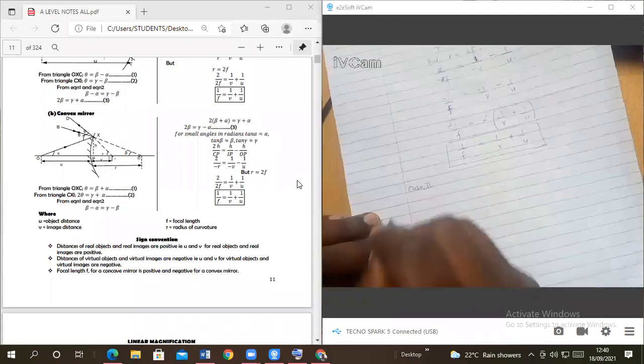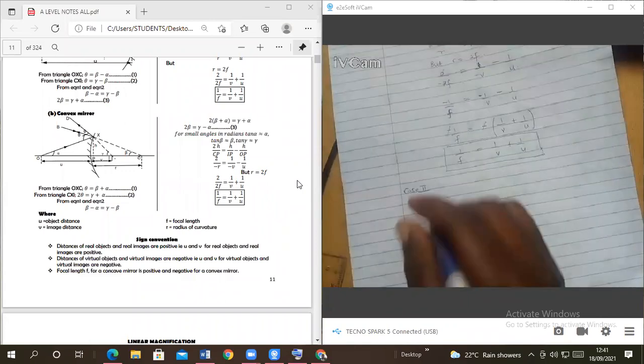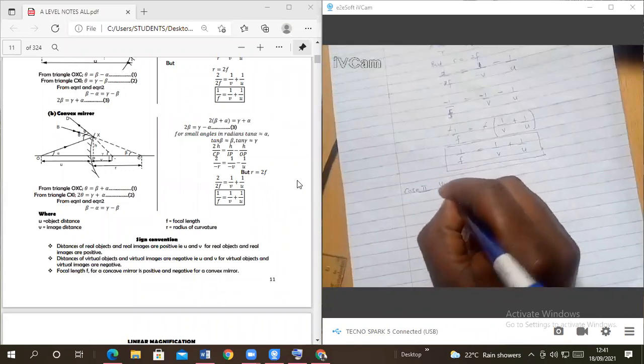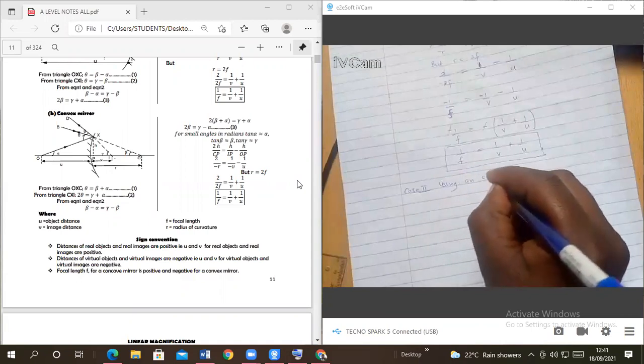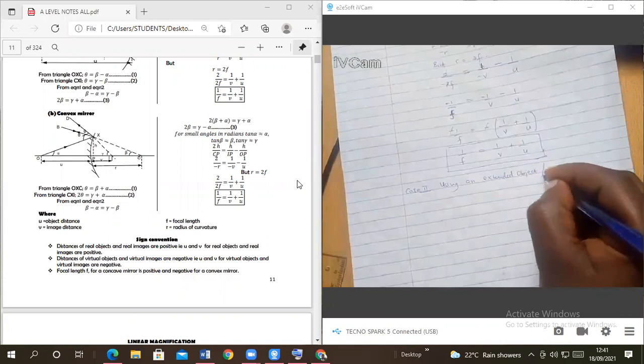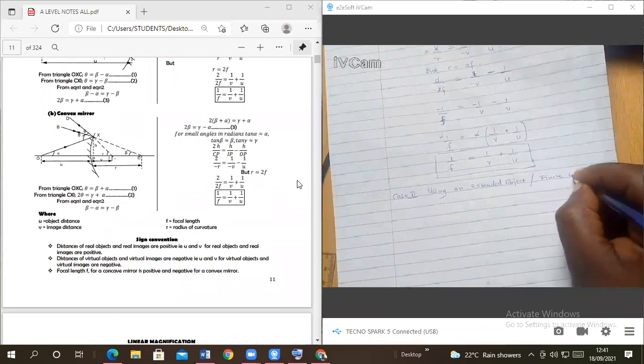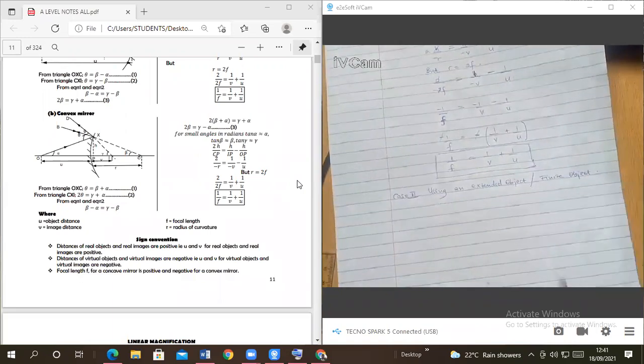So case 2, where we are looking at the extended object or the finite object.